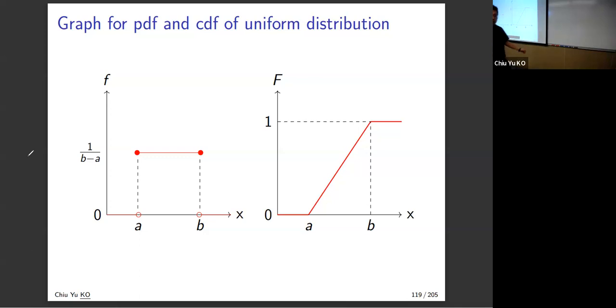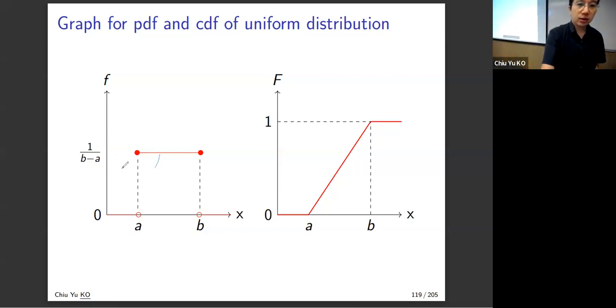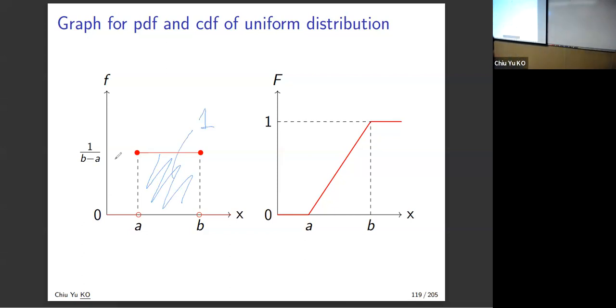Now, because we are talking about probability, we know what's going on. The number you have here must be between a and b, so the probability must be 1 between a and b. Since area is probability, this area must be 1.